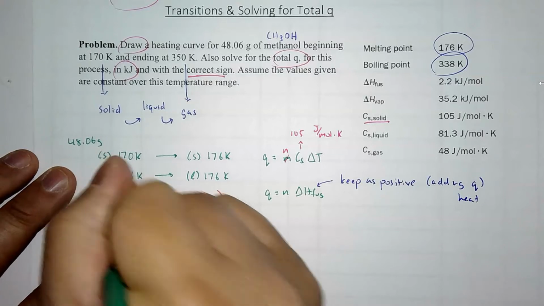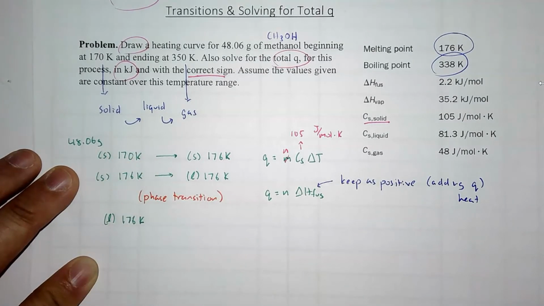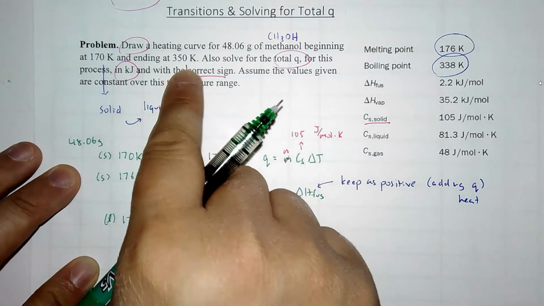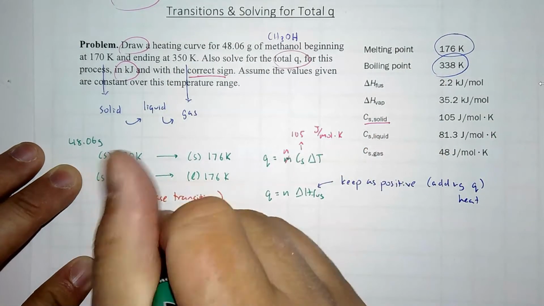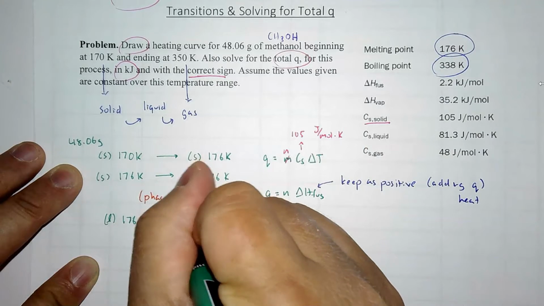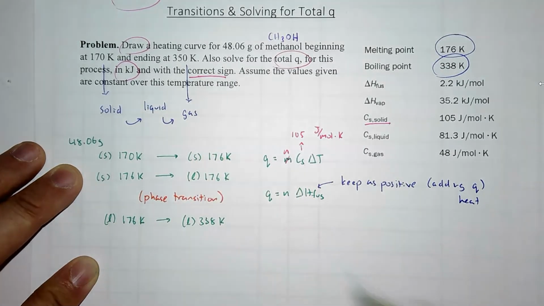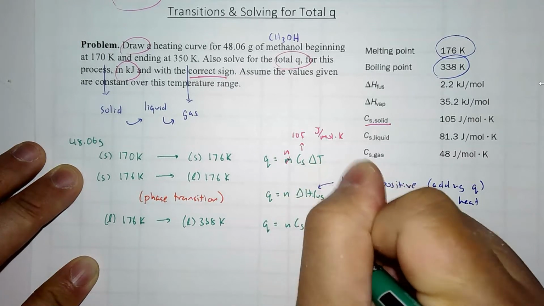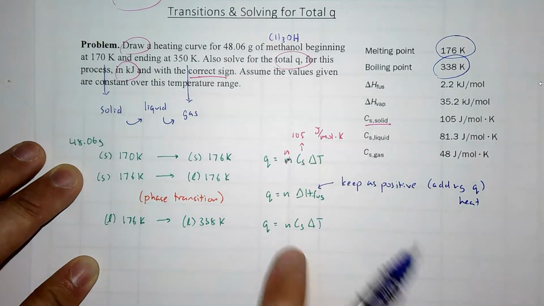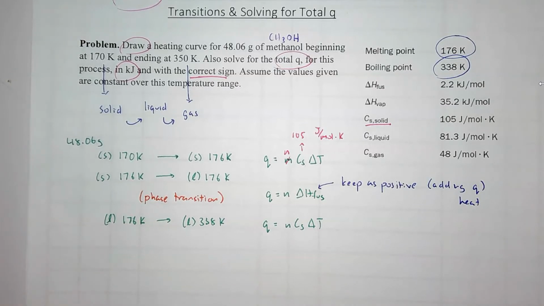So now we're in the liquid phase at 176 K, and we're heating up. But we're not heating up to 350 yet. We're heating up to the boiling point. So you're still a liquid, but now you're at 338 K. And we're back to Q equals n c_s delta T, but now this c_s has to be of the liquid.